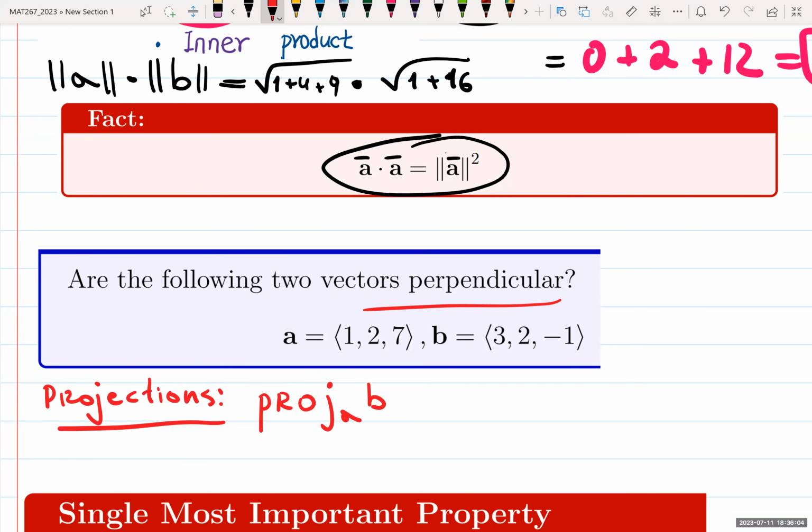Actually, this notation, proj, is not international notation, and we have different notation for that in the world, but it's fine. The formula is the same though. So it's hard to remember.